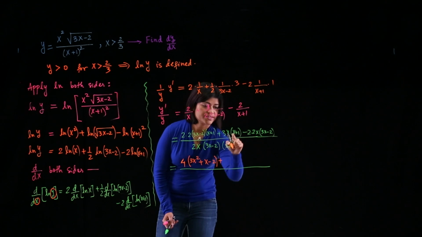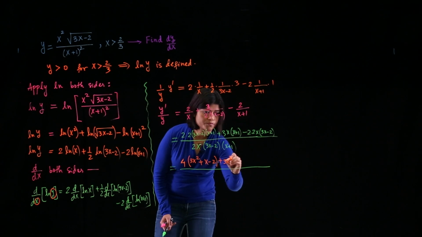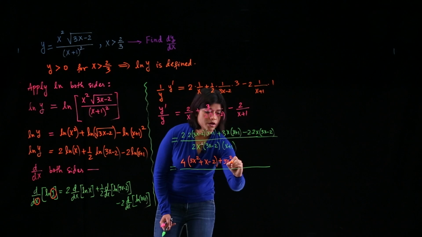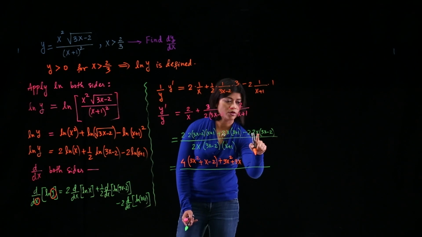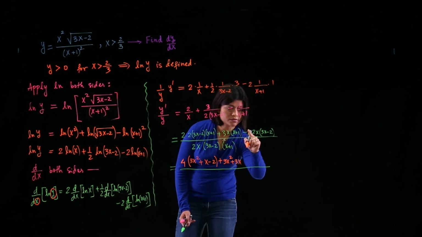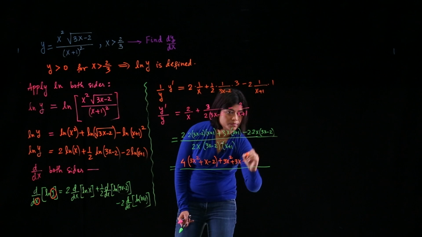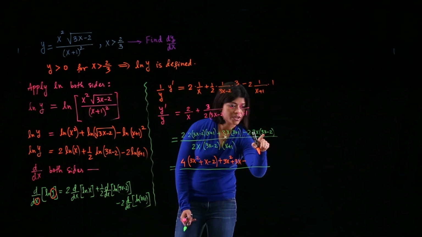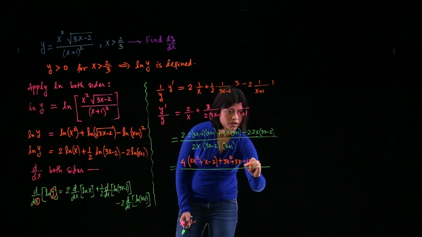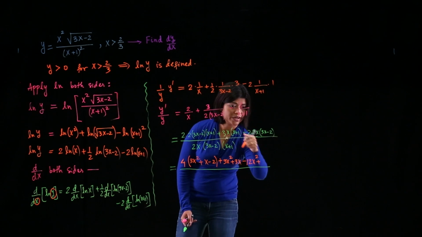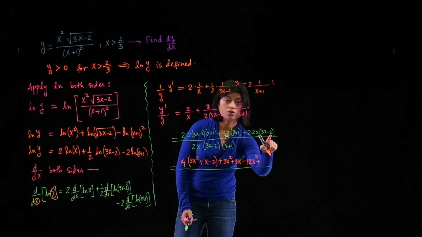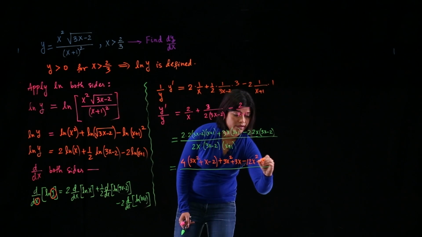Next, we have 3x times x, so 3x squared, and 3x times 1, plus 3x. Next, this is 2 times 2, 4x times the entire thing. So let's multiply it. So minus 4 times 3, 12x squared, plus, because there are two negatives, plus 4 times 2, that's 8x.